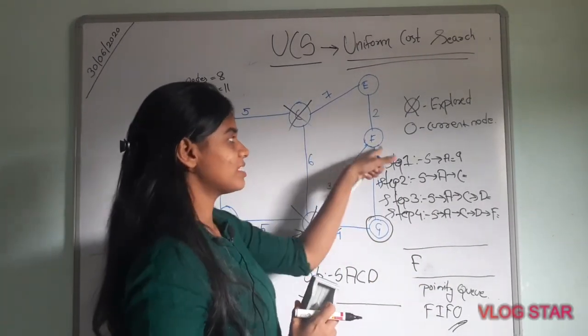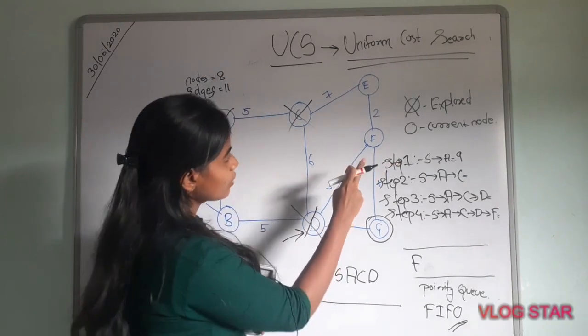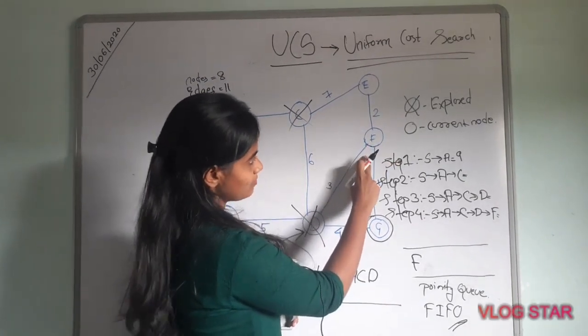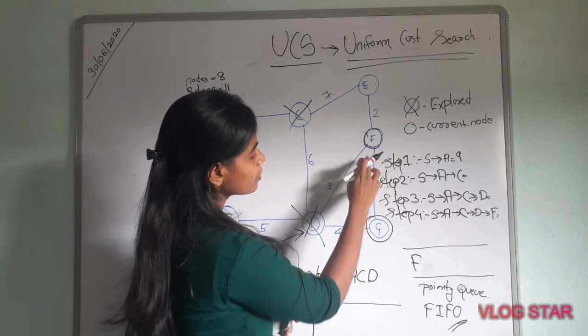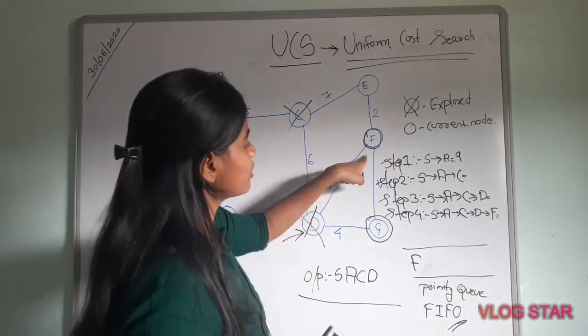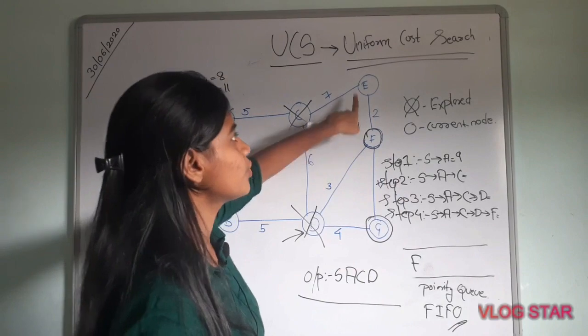So our current node is now F. Now F is connected to G also, and F is connected to E also.